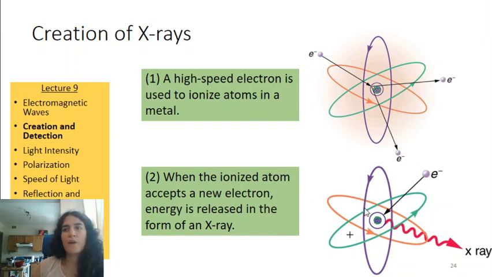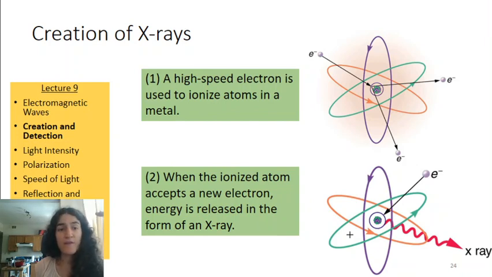A really important aspect of understanding how electromagnetic waves interact with matter is knowing that electronic transitions in an atom are associated with very well-defined energy levels and energy transitions.